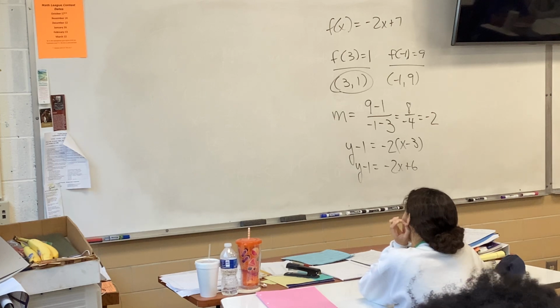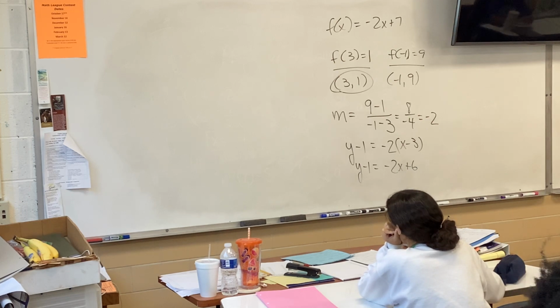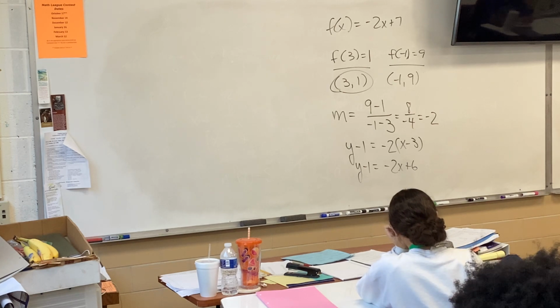As my speed goes up, the time it takes me goes down. You see the difference? One quantity is increasing and the other one is decreasing. That is called inverse variation. If they're both going the same direction, it's direct. If they're going opposite each other, it is inverse.